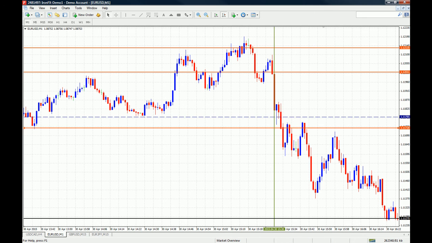Remember that with these news releases, we are only looking to make between 30 and 50 pips. We are only trying to profit from the momentum or the volume that comes into the market when the data is being released. And of course, the same would have been true to the long side of the trade if we had been filled on our buy stop at the top of price action.